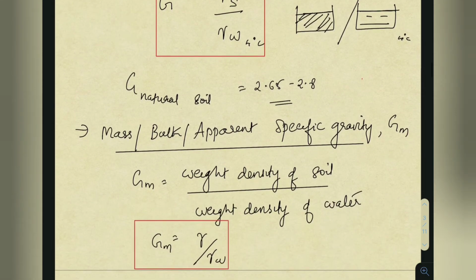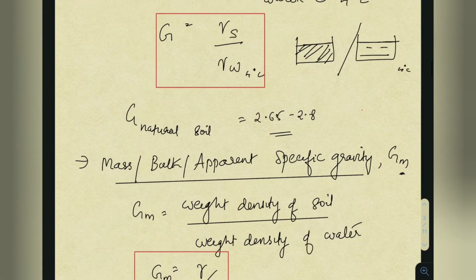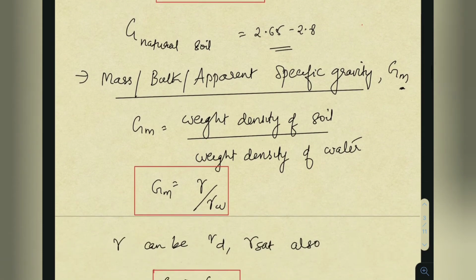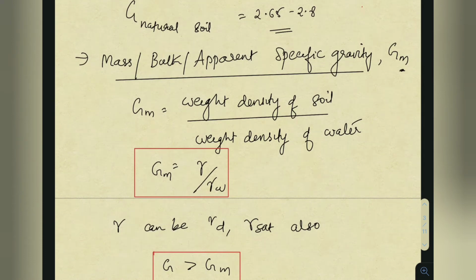Then the next term is bulk, apparent or mass specific gravity. For G, we represent that as Gm, where m is the mass. As the name suggests, this is the apparent value. It goes on changing because the top portion will be the weight density of soil. The soil can be dry, it can be saturated.